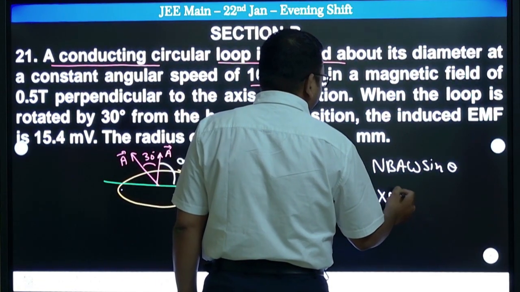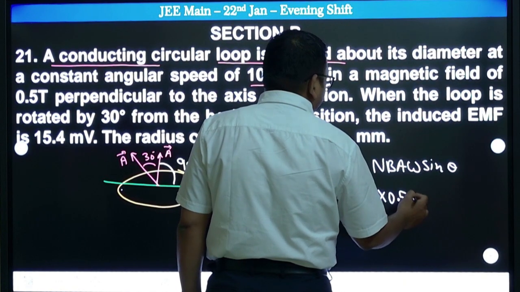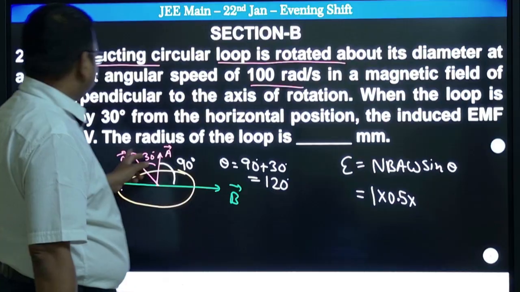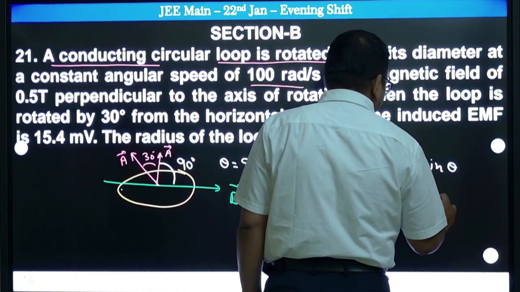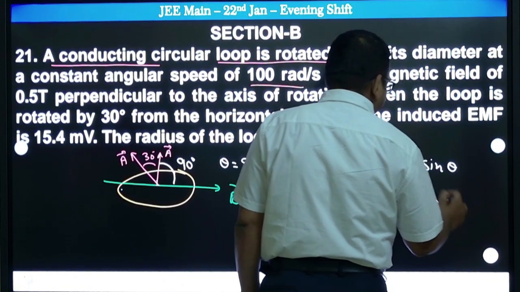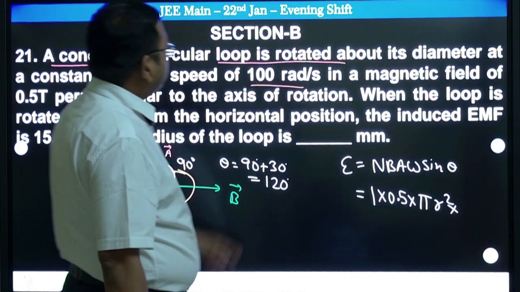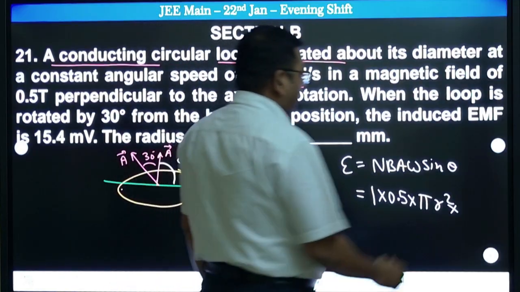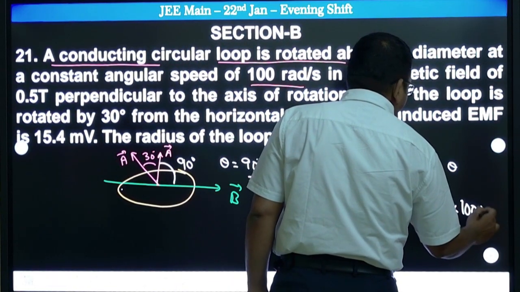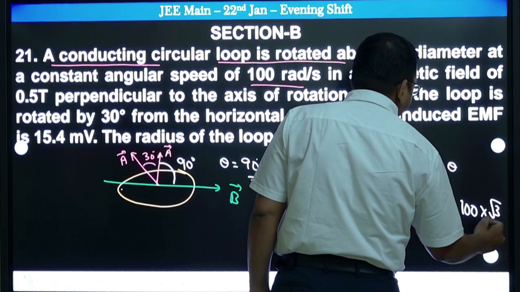Magnetic field is 0.5. They are asking for the radius of the loop. So you can write area as pi r square. Let us write this as pi r square, and sine omega is also there. What is omega? Omega is 100, and sine of 120 degrees is root 3 by 2.